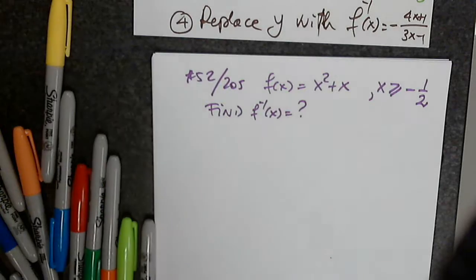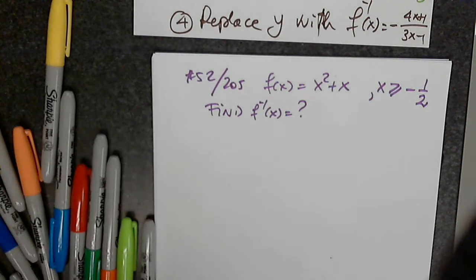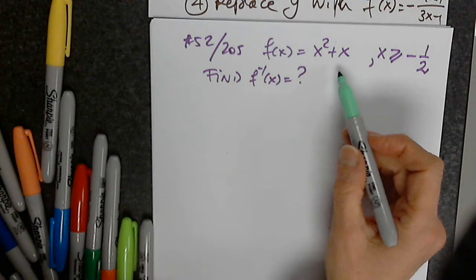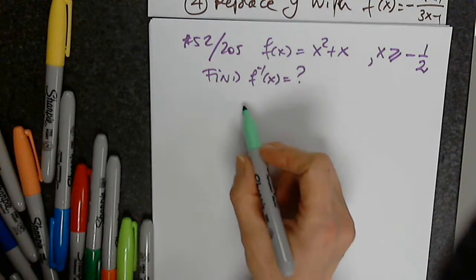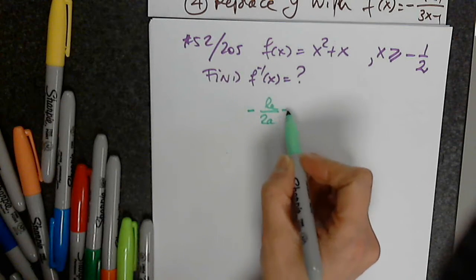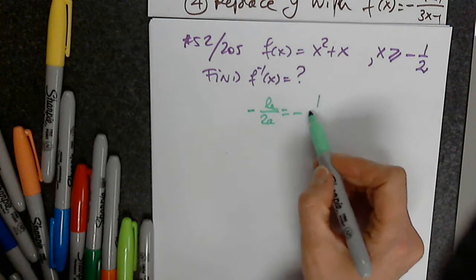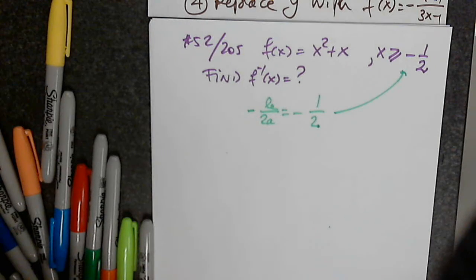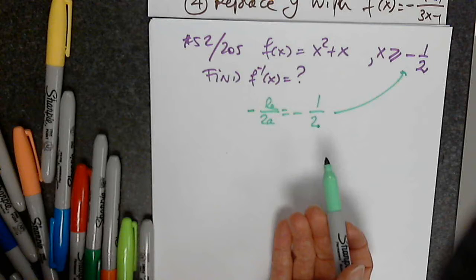Okay, good. So again, when we graph this function, let's find its vertex. You remember negative b over 2a. So this is definitely the vertex, because that's where x is.